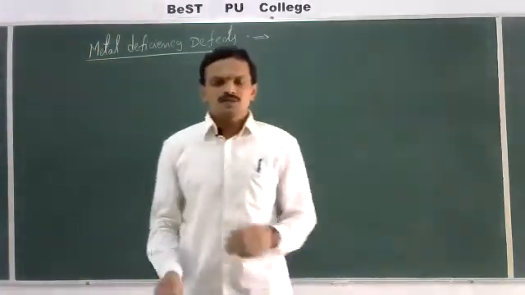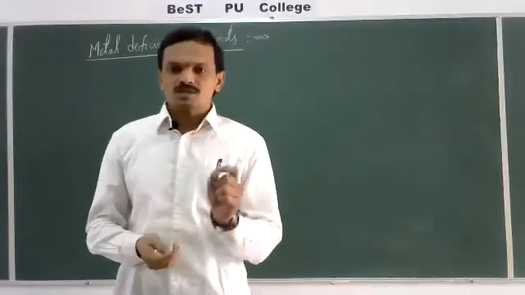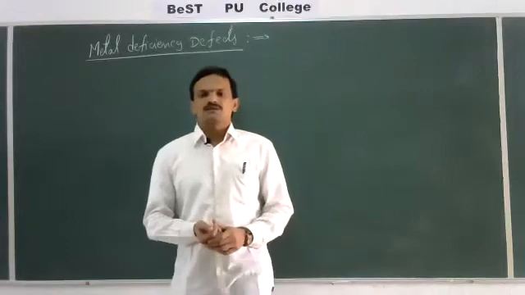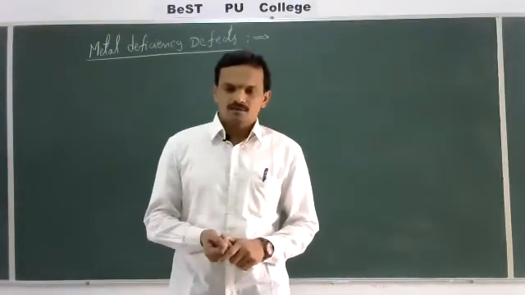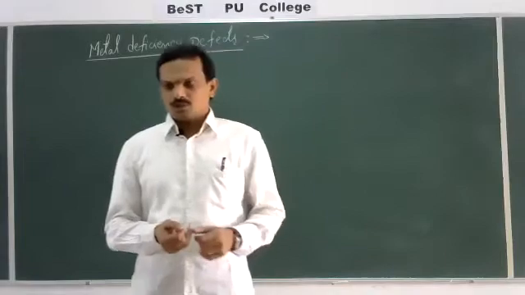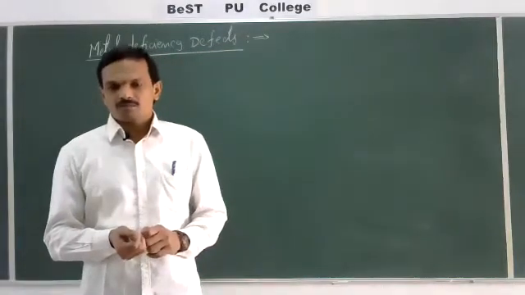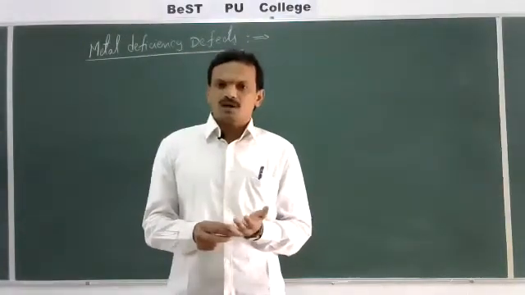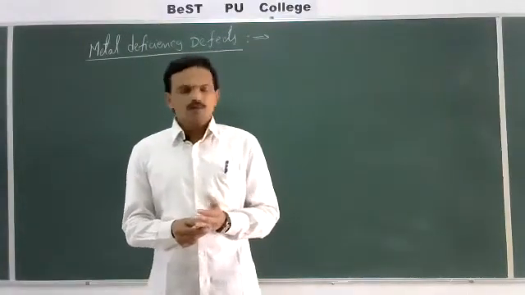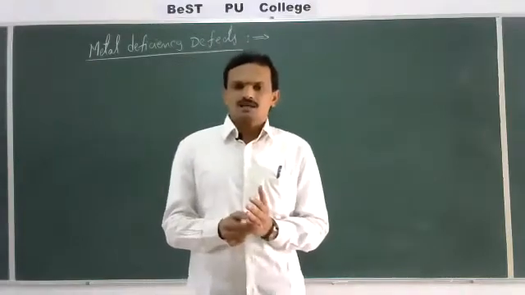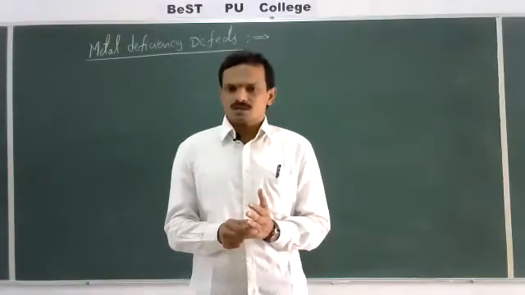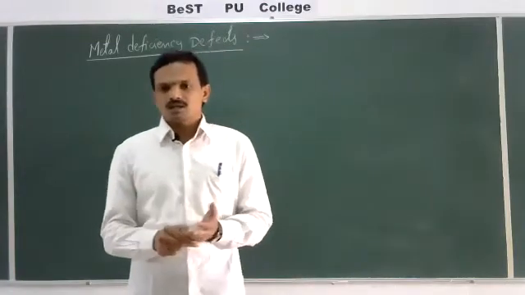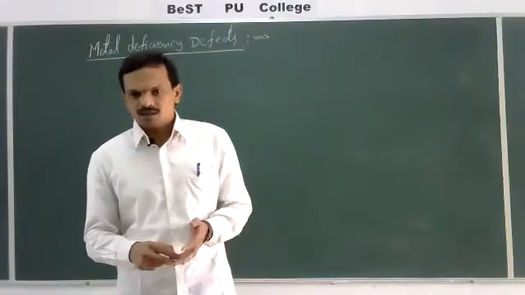So, what are metal deficiency defects? In which type of compound are they observed? The condition required to exhibit metal deficiency defects is that, in the given compound, the metal atom should have the ability to exhibit a variable oxidation state. If the metal has this ability, then such compounds can exhibit metal deficiency defects.